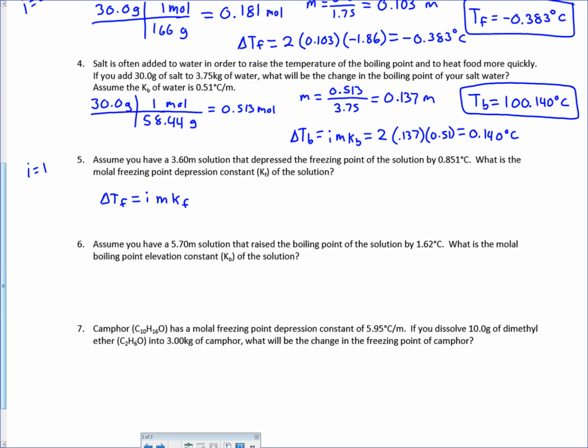The change in freezing temperature is 0.851, i we just assume is 1, the molality is 3.60, and Kf is our unknown here. So you solve there, you get Kf equals negative 0.236 degrees Celsius per molal.